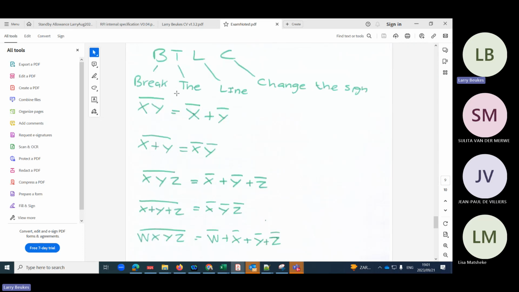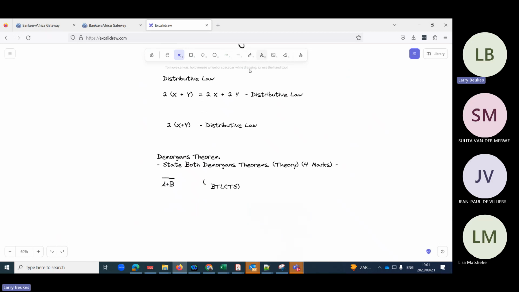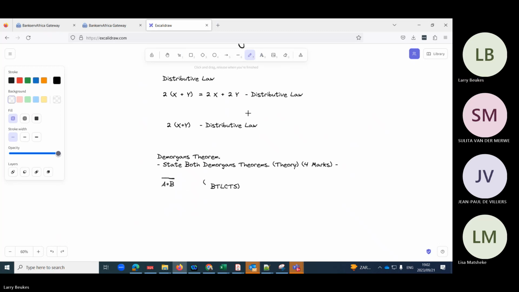Okay, I'll explain it like this. It's actually easier like this. So if you have this and you want to split them, this will be A, B. You break the line into two, then you change this side.